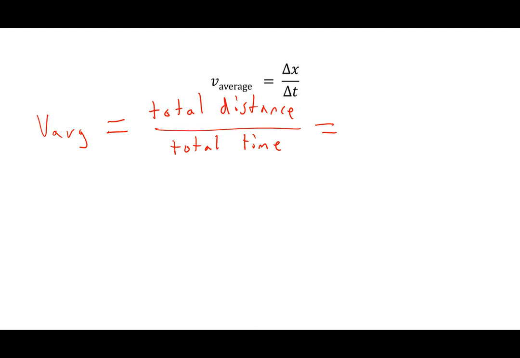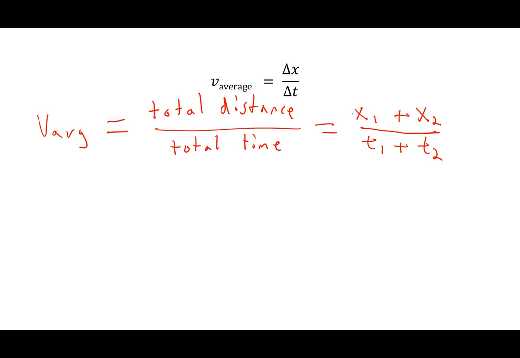For the problems that we're going to see, you're going to see different distances. So there's going to be a distance traveled, let's say x1, and a time that took, let's call that t1. And then you're going to get another distance traveled, let's call it x2, and then another time for that traveling, and let's call that t2.